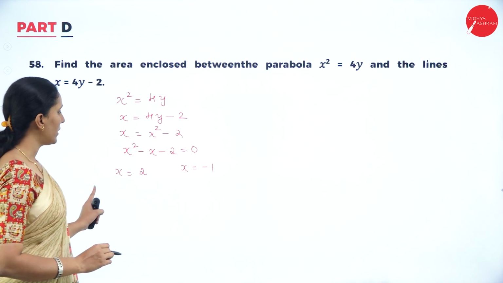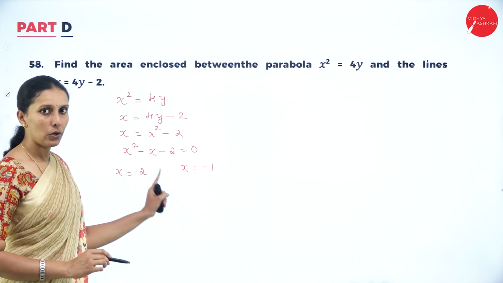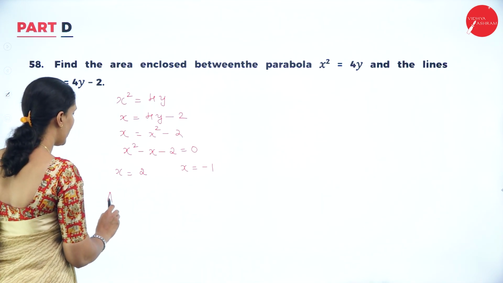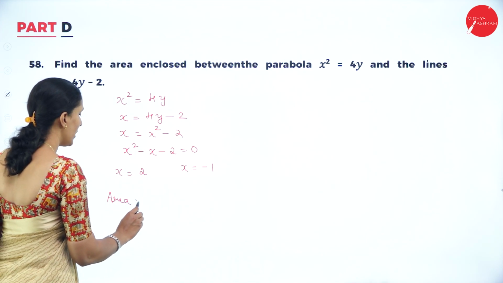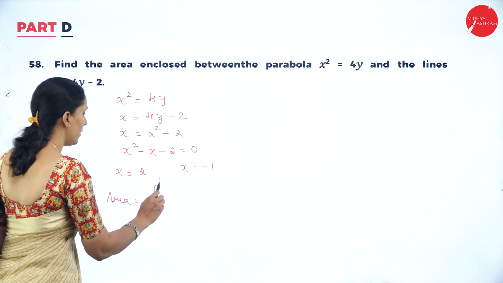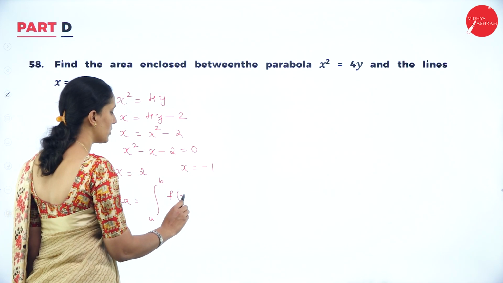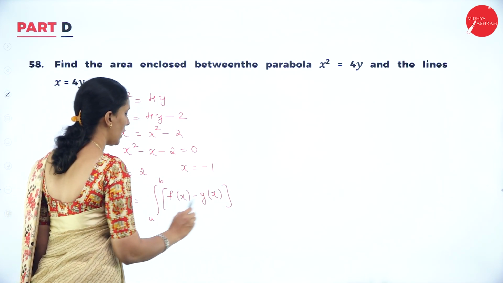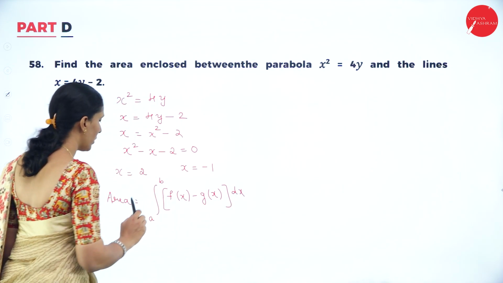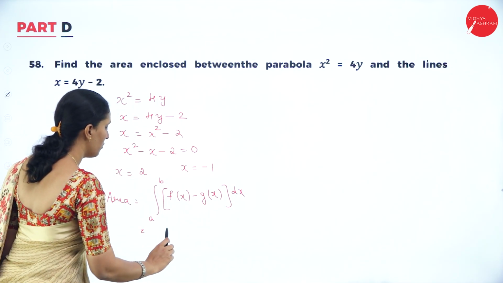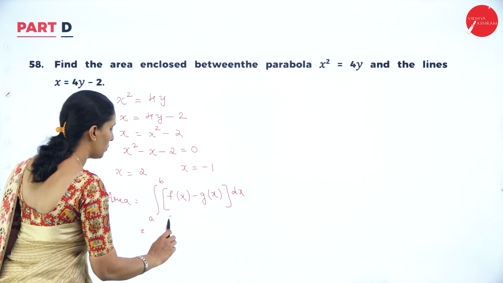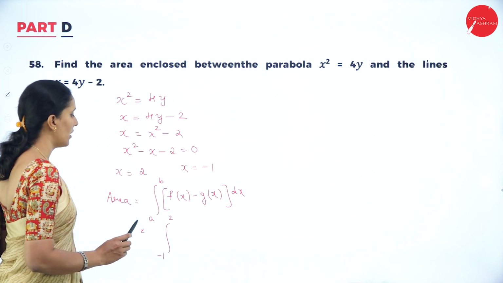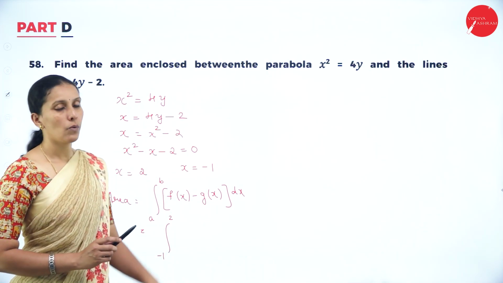So once you have got the limits, the upper and lower limit, you can find the area. So area is always the integral from a to b of f of x minus g of x dx with the variable x. So therefore here the total area becomes from the lower limit minus 1 to 2. So f of x is x square is equal to 4y.